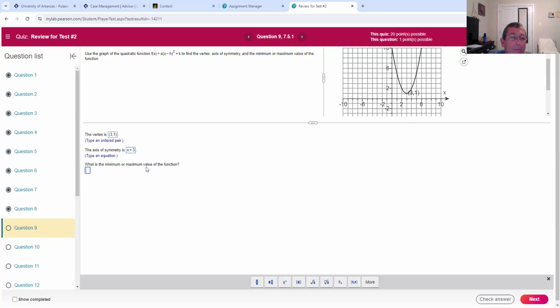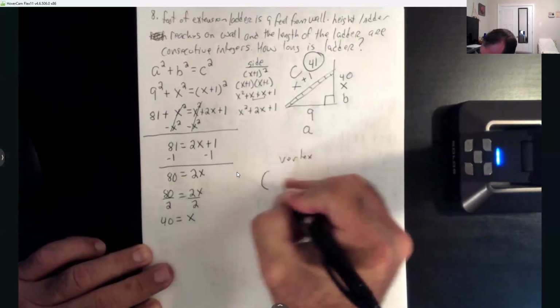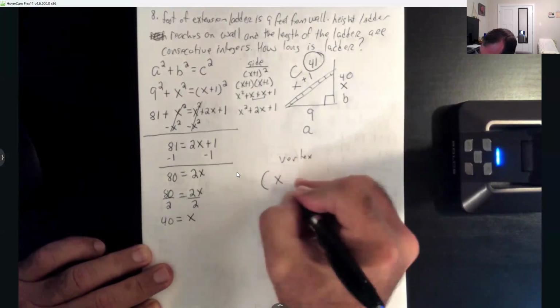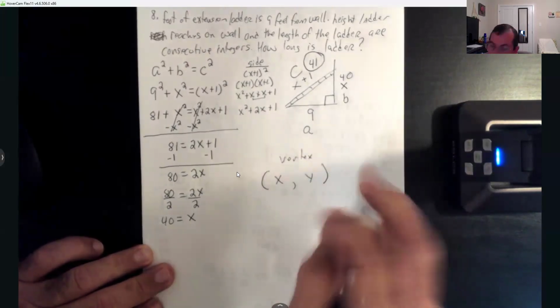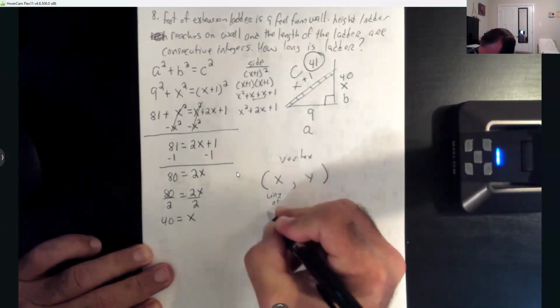Now they want to know the minimum or maximum value. They don't care if it's a min or max. They just want to know the value. And y'all remember, the min or max value is always equal to the y value. So if you was looking at vertex stuff and you got your ordered pairs, remember the x coordinate does the line of symmetry.